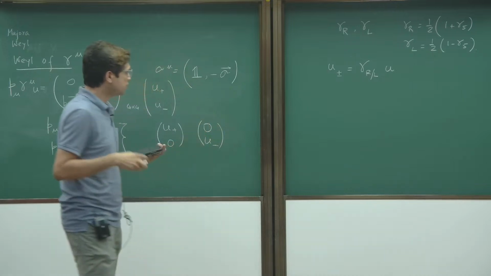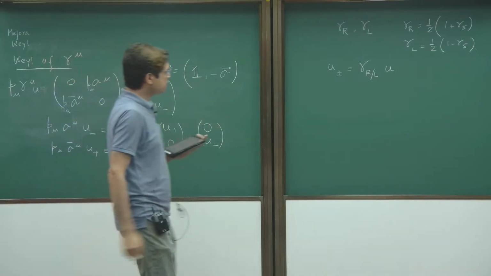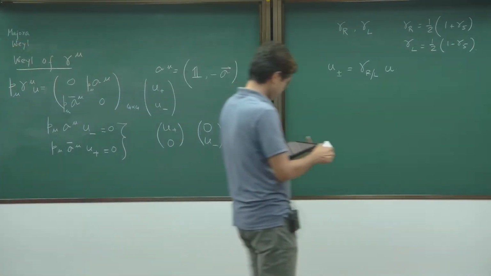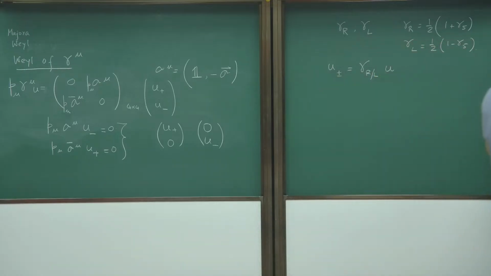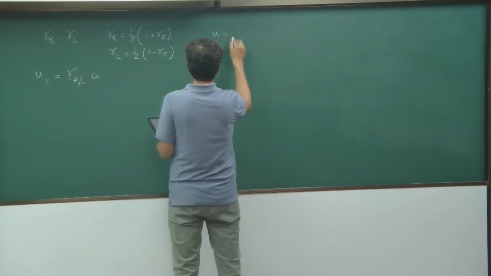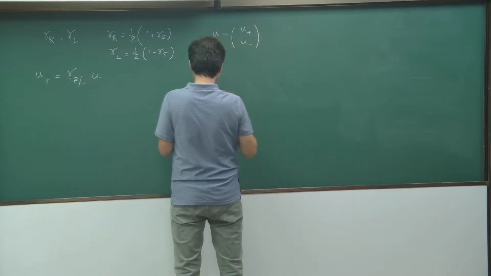Similarly, there exists a relation for the u bar, and by inspection you can easily get what the expression would be for u plus and u minus. Before that, let me write the convention that is usually used in the literature. So u is like this.